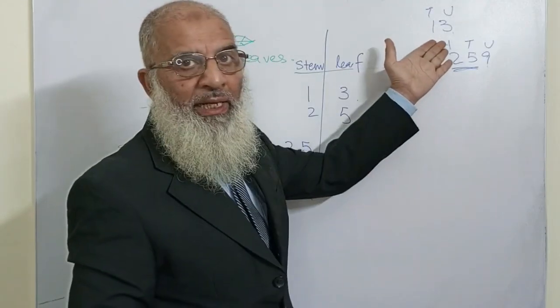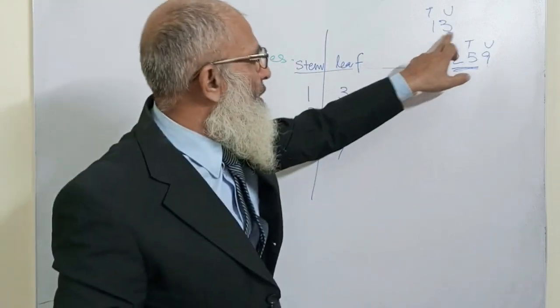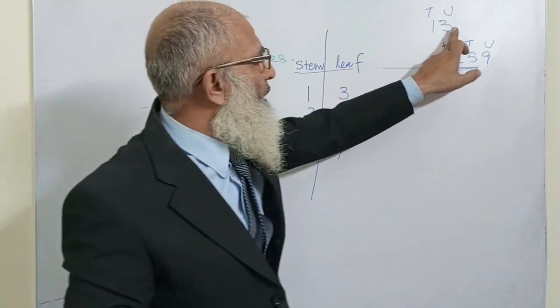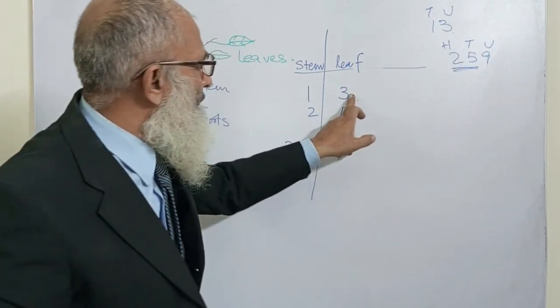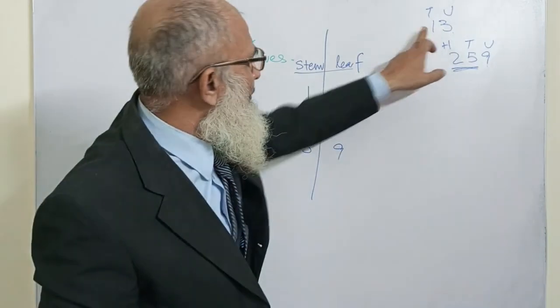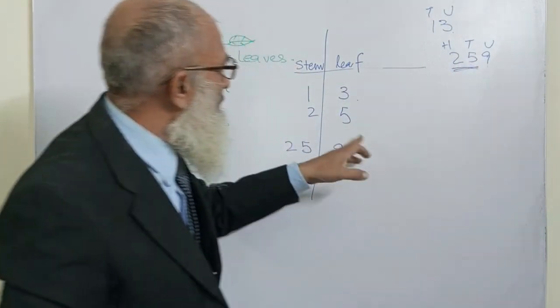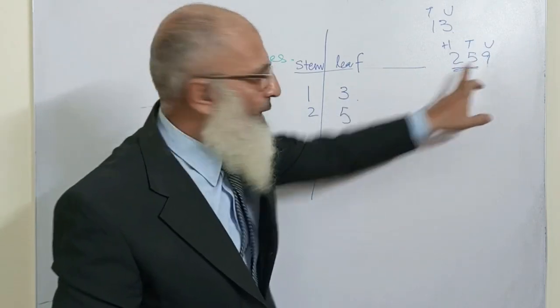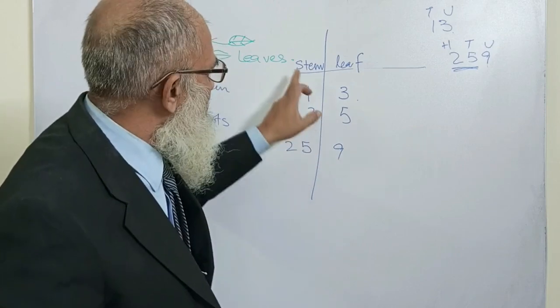When you have data like this, for example, it was 13. What we have done, we write the unit in the leaf column and the 10 in the stems column. Similarly, when it was 25, we wrote 5 in the leaf column and 2 in the stem column.